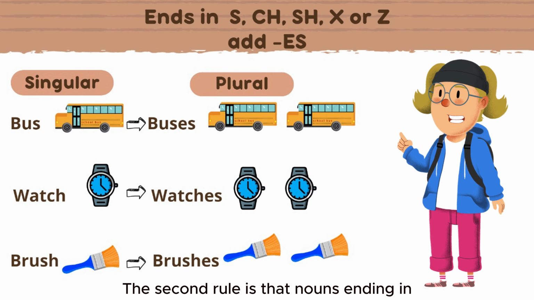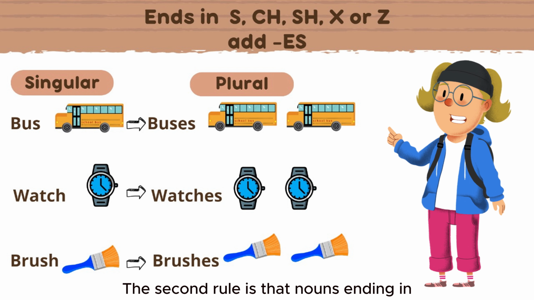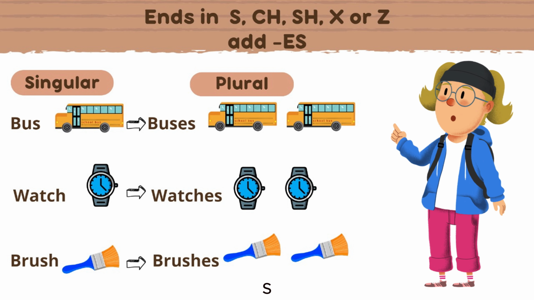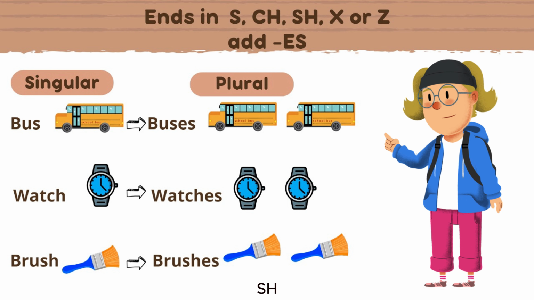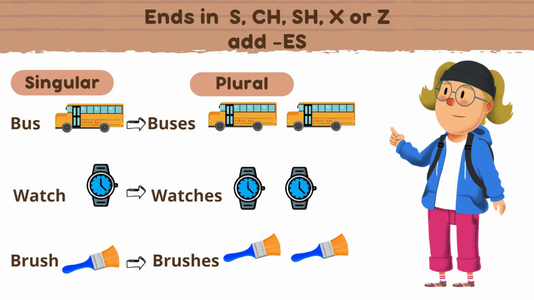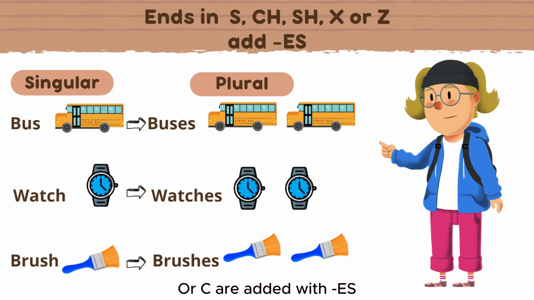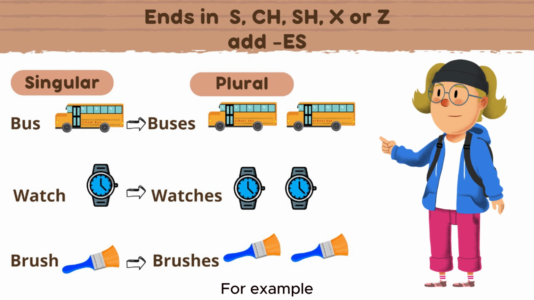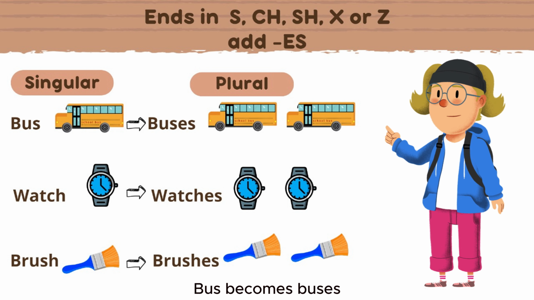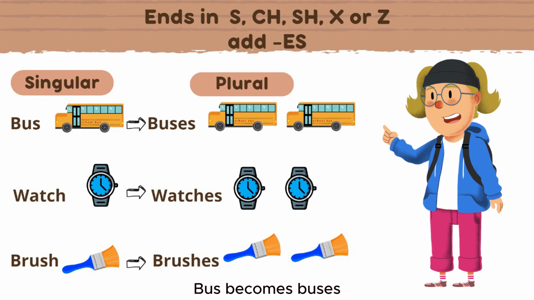The second rule is that nouns ending in s, ch, sh, x, or z are added with es. For example, bus becomes buses.